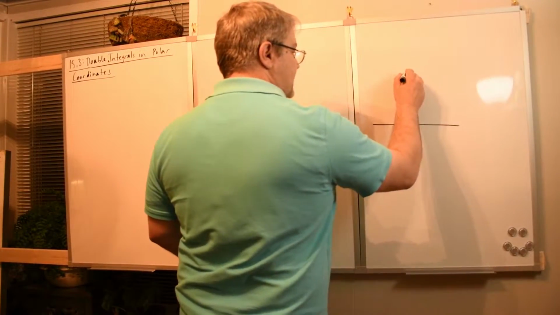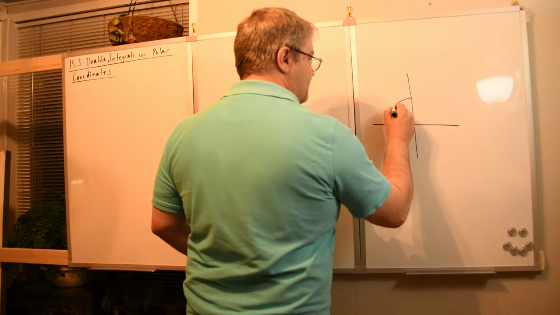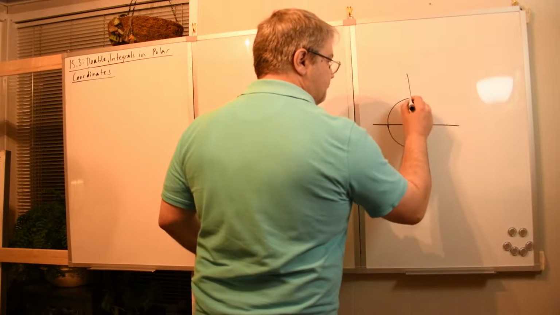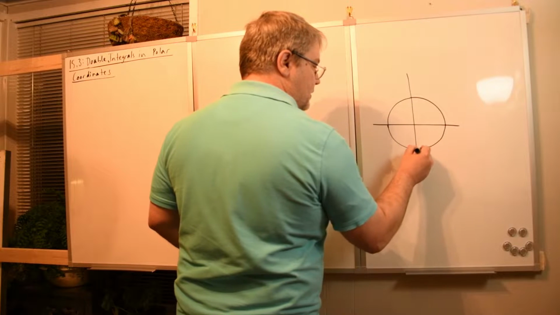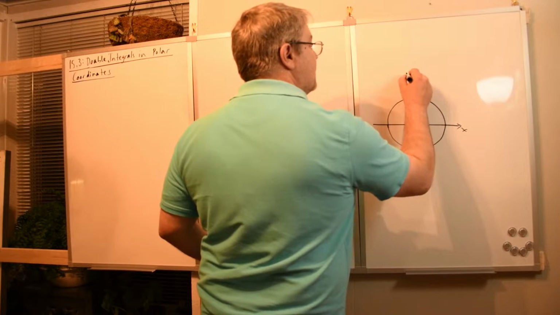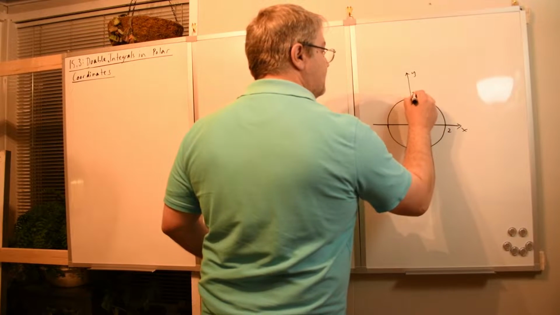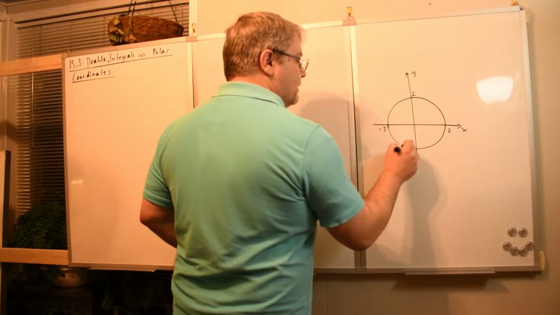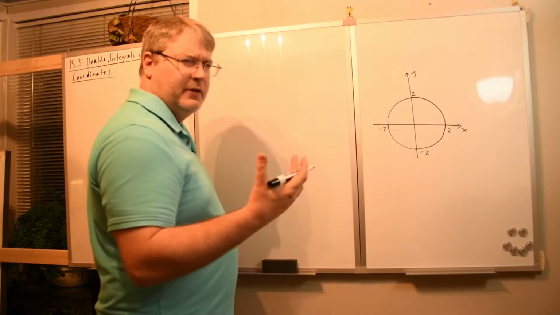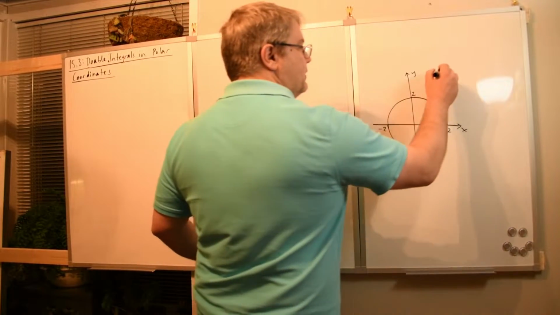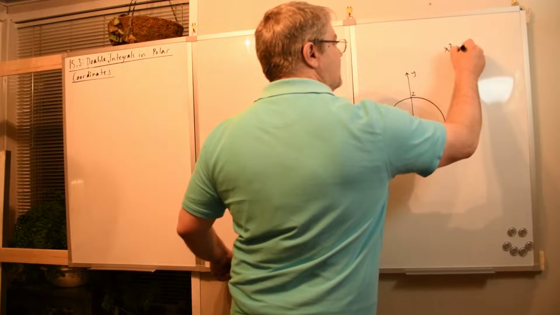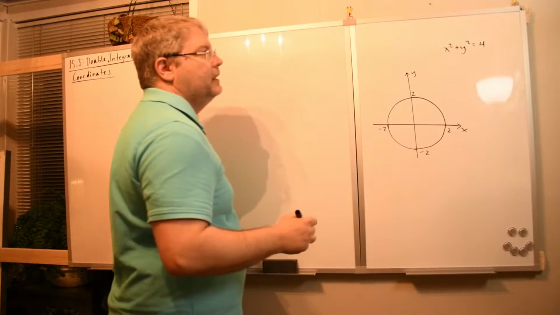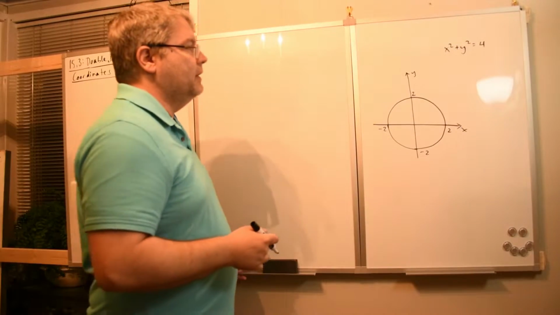So let's suppose that you have maybe a circle of, let's go with radius 2, centered at the origin. If you have a circle of radius 2 centered at the origin, we know that x squared plus y squared equals 4 is an equation for that circle.